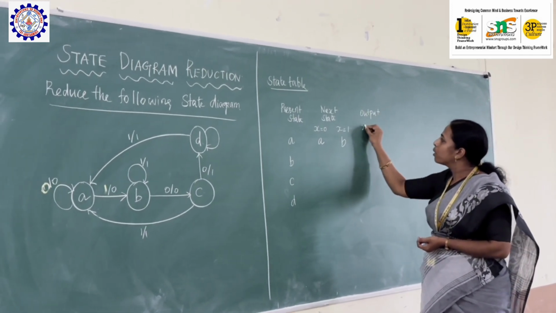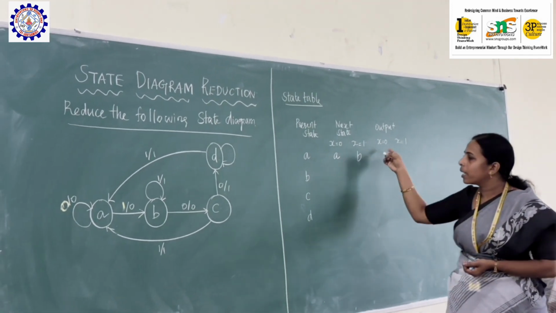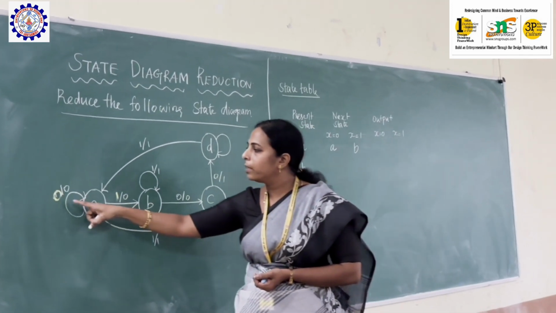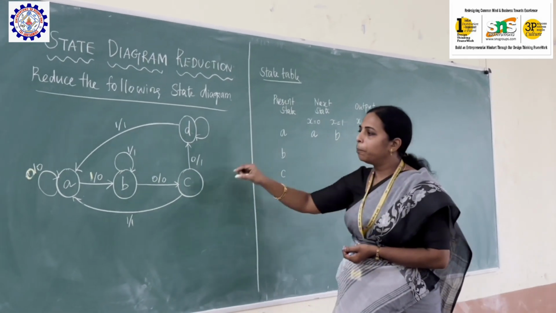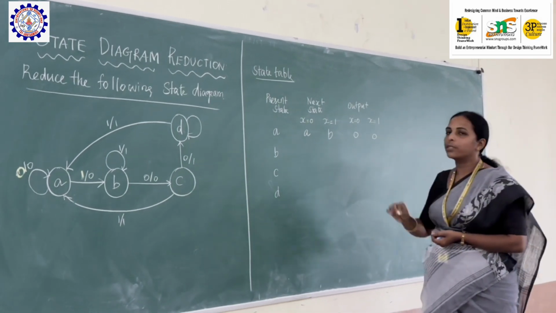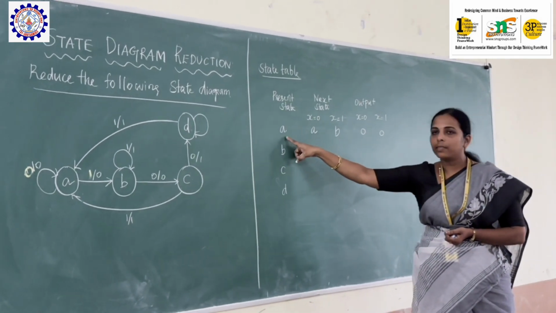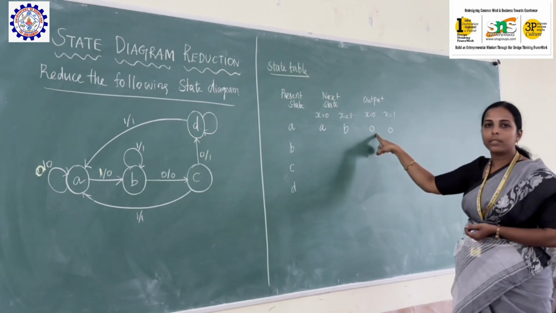Since it is Mealy, the output depends on the input, so let us write the outputs parallelly. When the input is 0, the output is 0, and when the input is 1, the output is 0 again. So this is the present state A, for which we have mentioned the next state as well as the output.